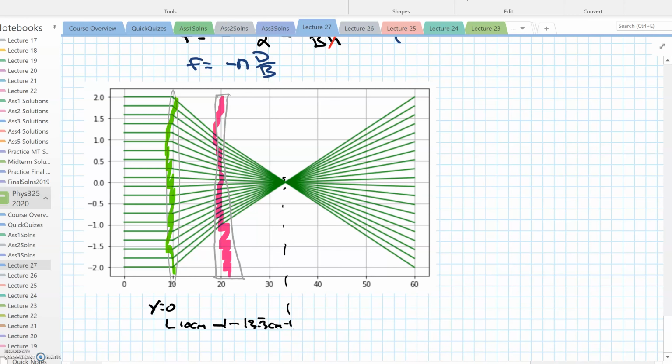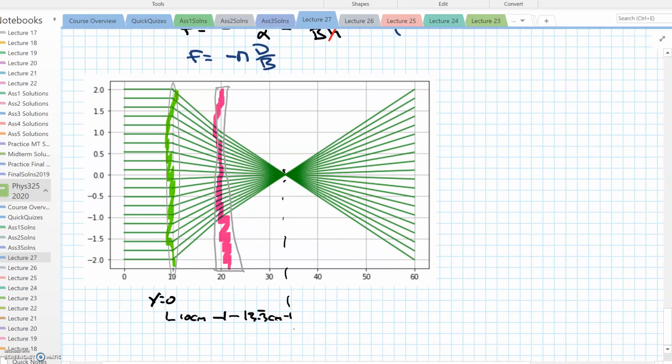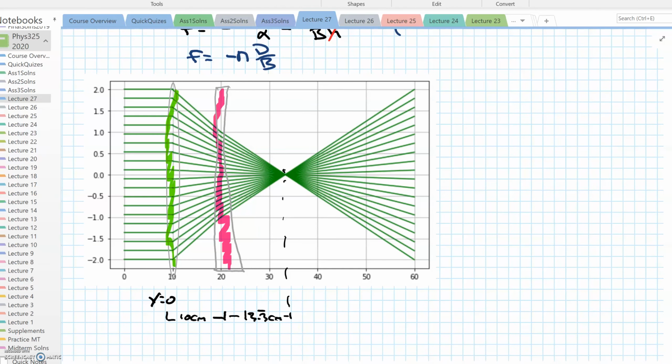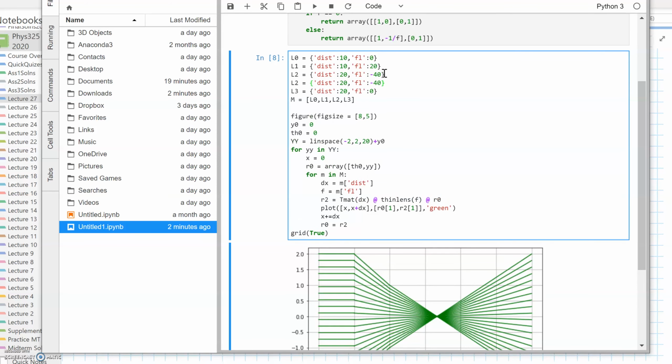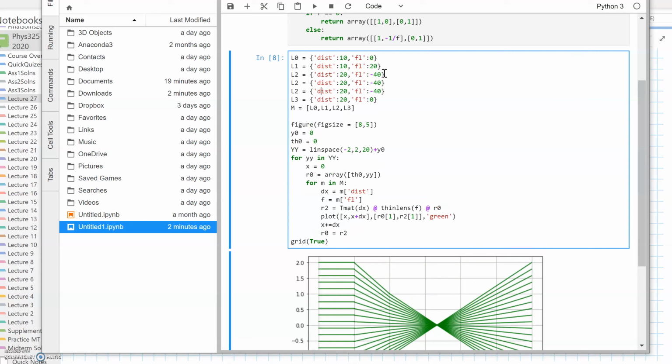If we wanted to go just nuts, we could add some more lenses. Let's do that just for fun. Let's just see how easy it is. In fact, I could probably code this up a lot more efficiently. But let's add another lens in. Heck, let's add 2 more lenses in, 3 and 4.